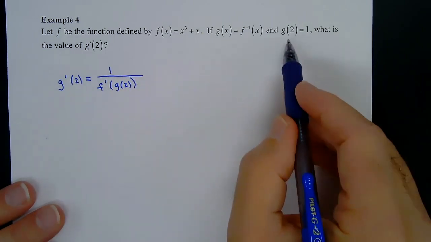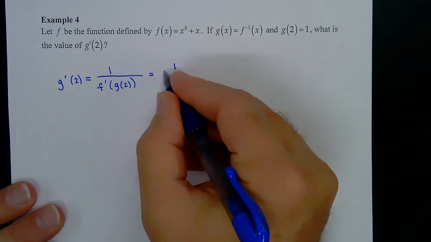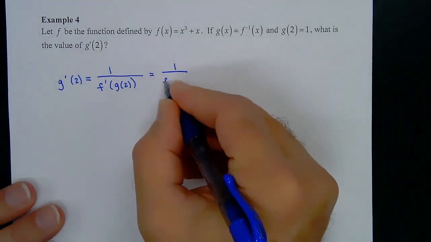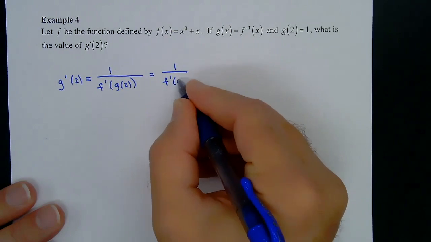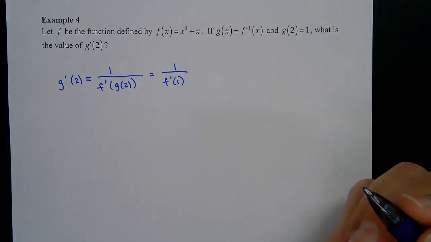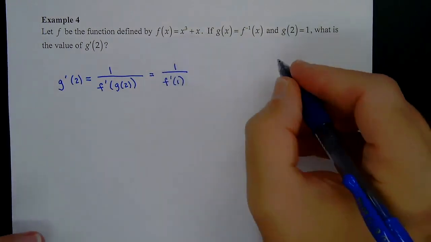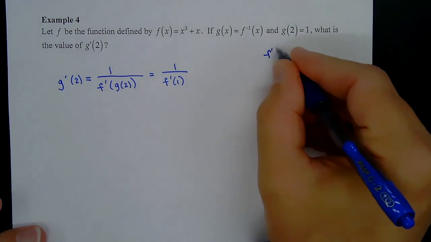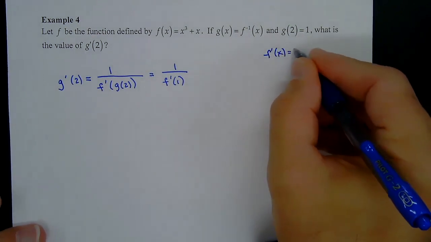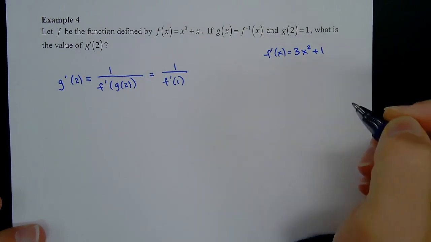Well, they tell you right here, g of 2 is equal to 1. So this is equal to 1 over f prime of 1. Okay, f prime of 1. Well, I don't have f prime of 1. Well, no, but I do have f of x, right? So I can get f prime of x by taking the derivative, which would be 3x squared plus 1.